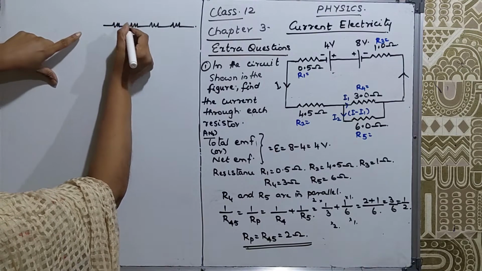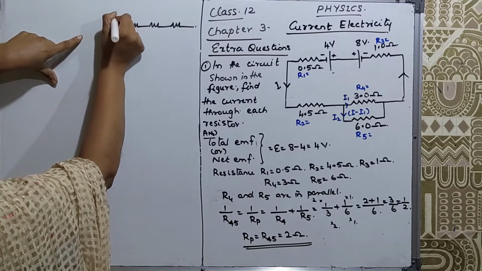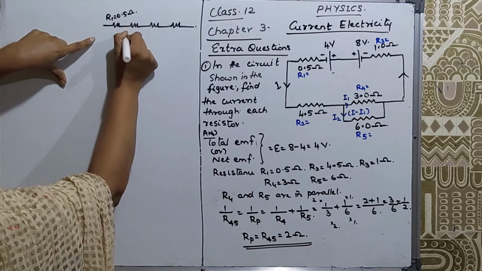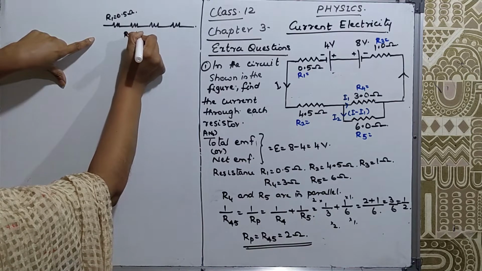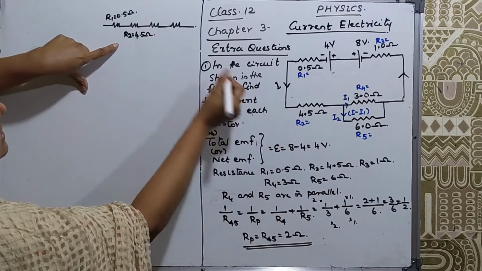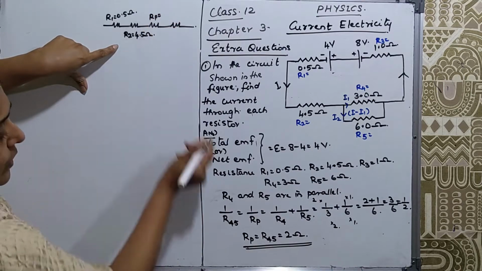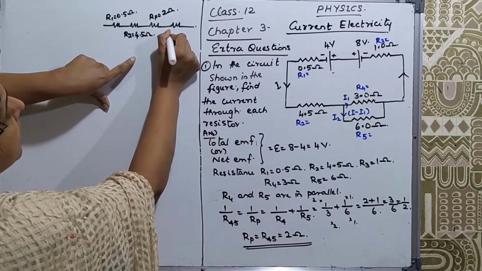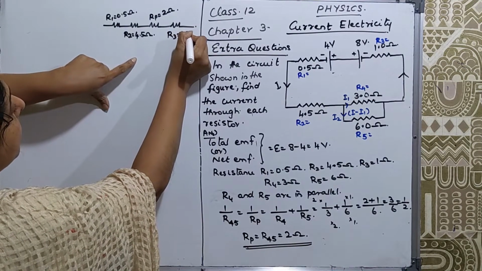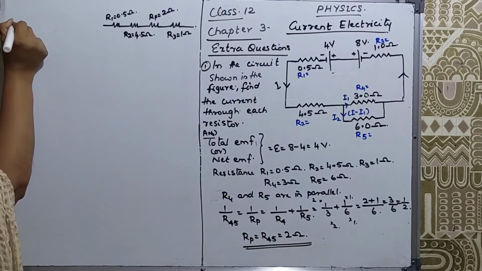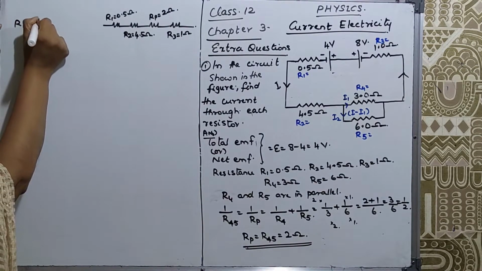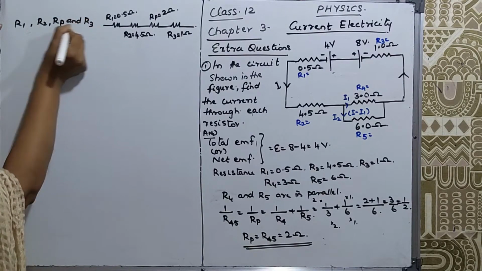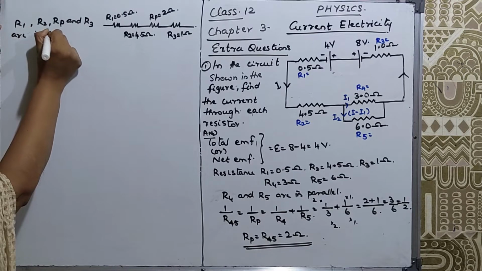R1 is 0.5 ohm, R2 is 4.5 ohm, the next one RP we got as 2 ohm, and the next one R3 is 1 ohm. Now R1, R2, RP and R3 are in series.